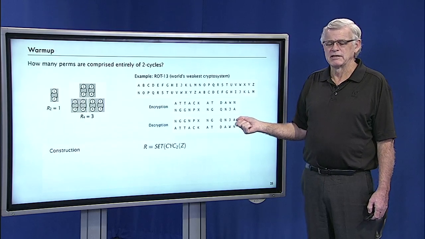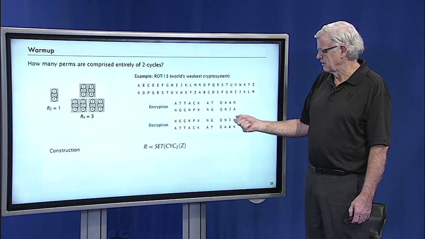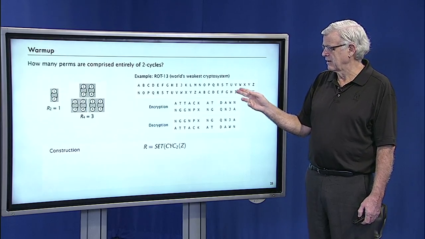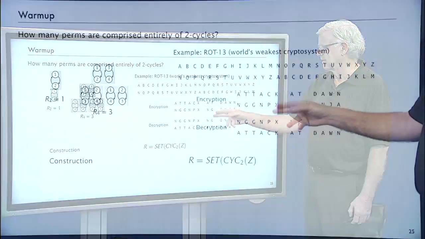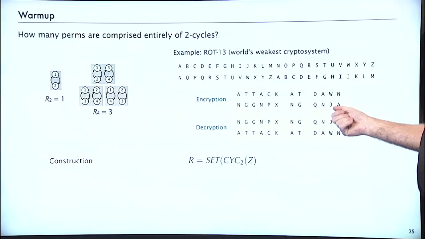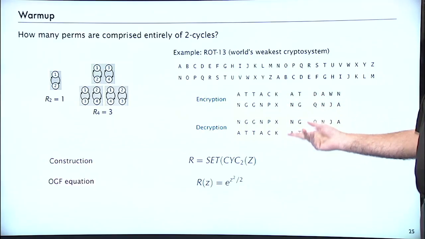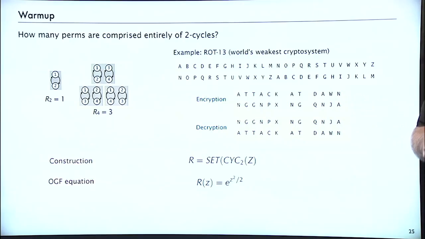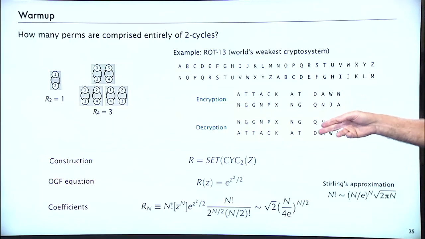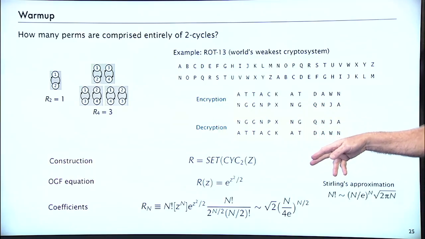So how many permutations are composed entirely of 2 cycles? Well, a permutation, we'll call it R, is just a set of 2 cycles. The equation is e to the z squared over 2, and all we want is n factorial times the coefficient of z to the n in that.